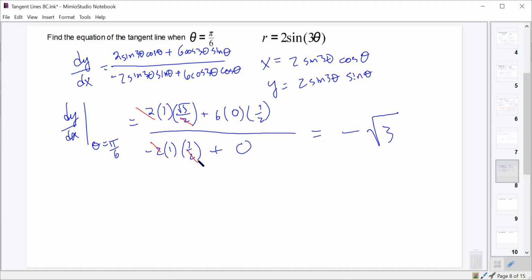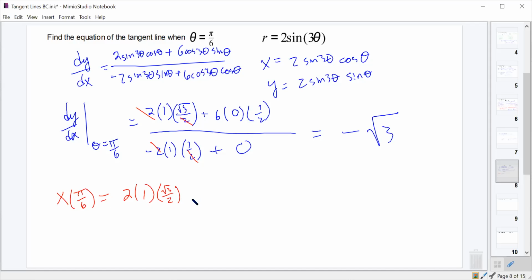And then we also need to figure out what is x and what is y at theta equals pi over 6. So x of pi over 6 is what? Should be 2 times our sine of 3 theta, which is again 1, and then times our cosine of theta, which is what?